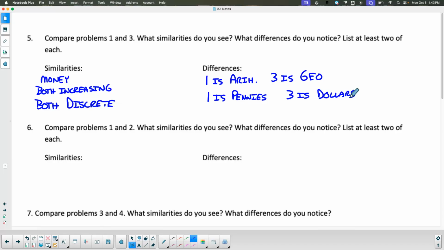Now let's compare 1 and 2. Okay, 1 and 2. So number 1 was pennies, right? And number 2 was gallons in the pool. Okay, similarity or a difference.